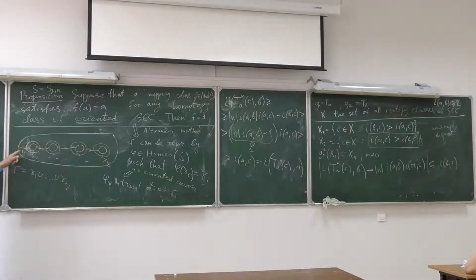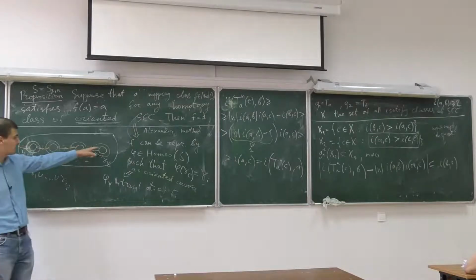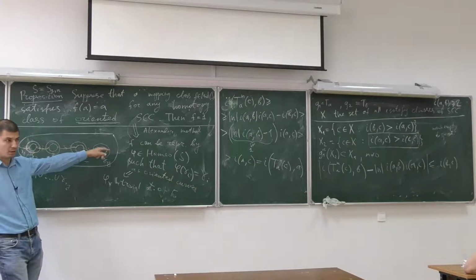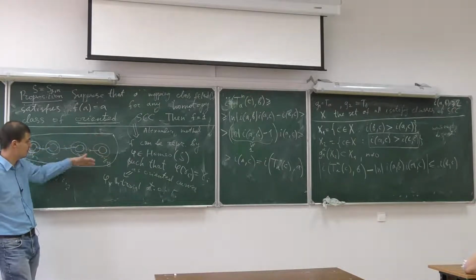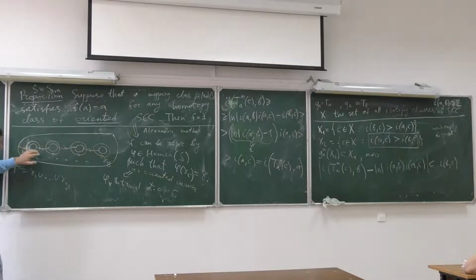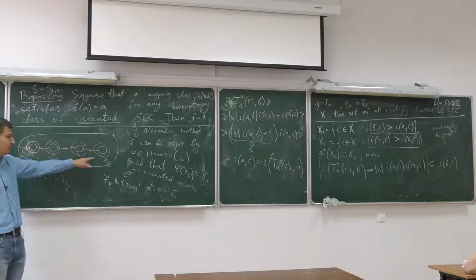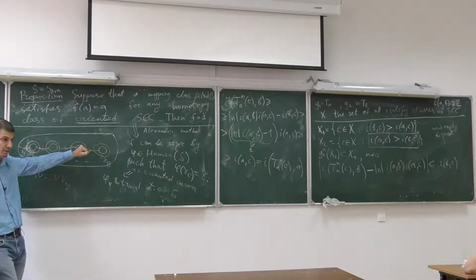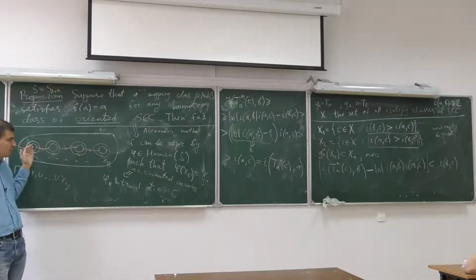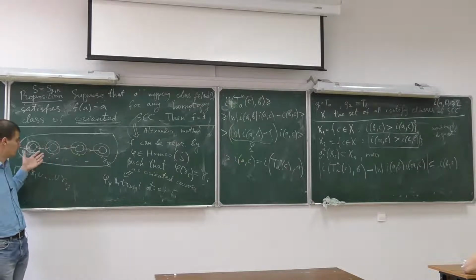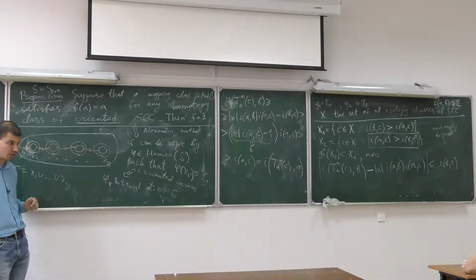And now look, these curves fill the surface, in the sense that the complement is a disk. By definition, curves fill a surface if their complement is the union of disks and once-punctured disks. In this situation, this is just a disk.